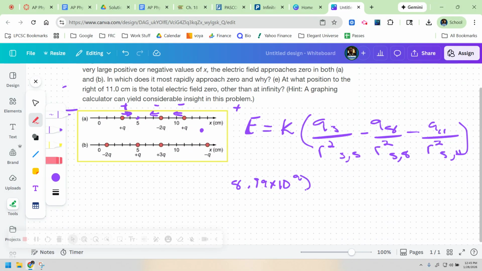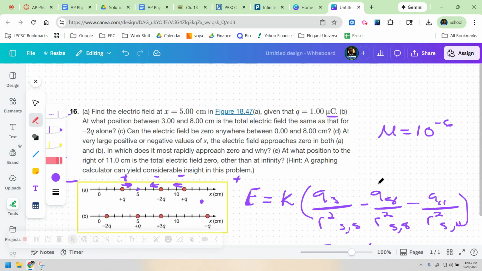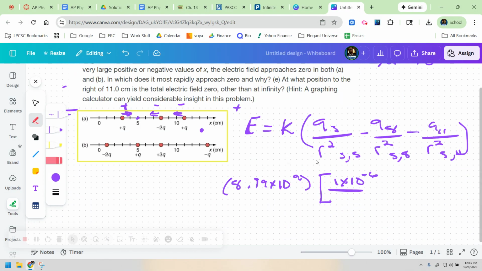I'm not going to write the units because I won't have room, times all this stuff, which is going to be 1 times 10 to the negative 6 coulombs, because that's what they said Q is, right? So remember that micro is 10 to the negative 6. You guys should probably memorize that by now. And then the distance between those is just 2 centimeters, right? This is given in centimeters, but in meters it's 0.02.